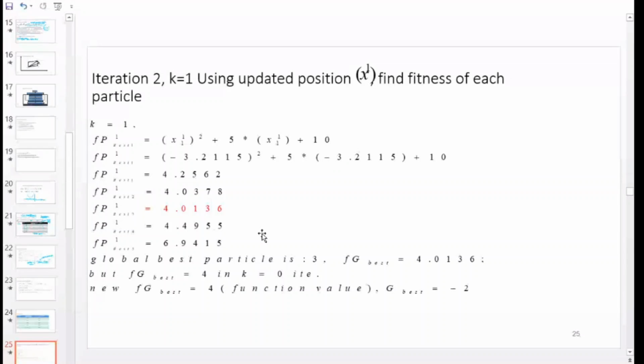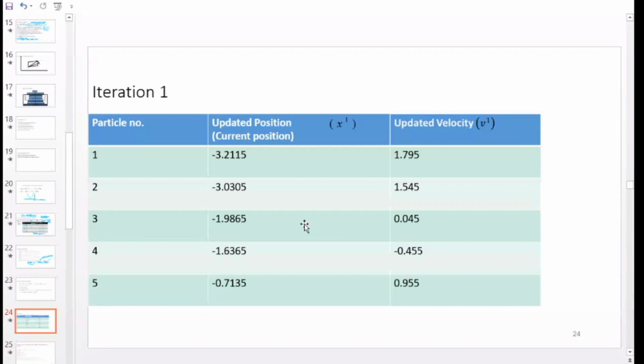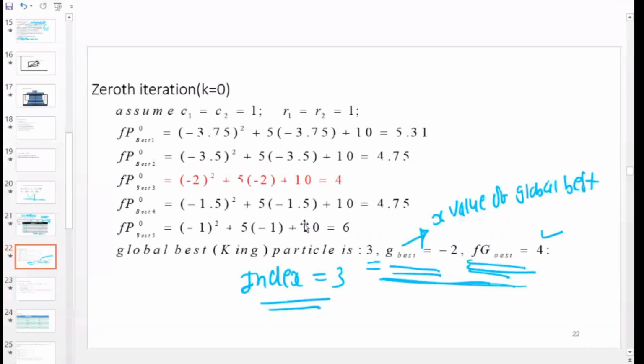Now we have to compare the values which we obtain in this iteration with the values we obtain in the 0th iteration, right? In the 0th iteration, which was the global base? This was the global base.